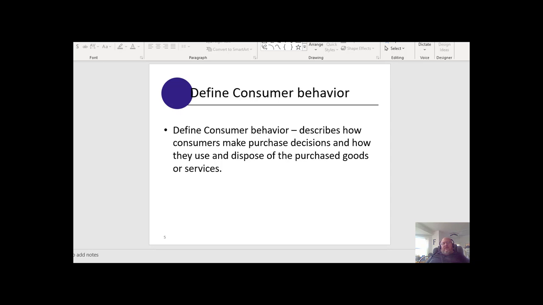And then the scoop / ladle, leaving the bottle off to the side, not doing anything, even though the baby is just up and getting hungry. So ultimately we define consumer behavior as how consumers make purchase decisions, how they use and dispose of the purchased goods and or services. We all make purchase decisions separately, but there is a step-by-step process we'll take a look at in a few minutes.